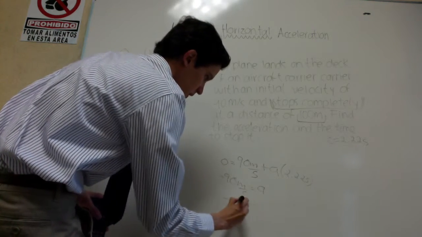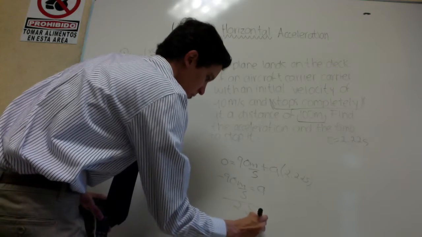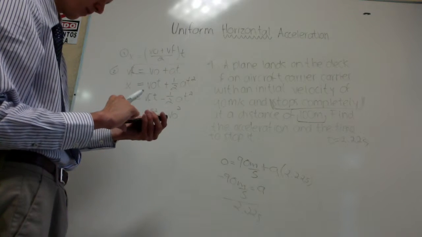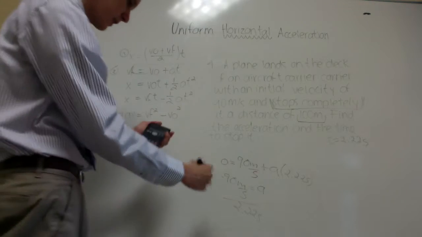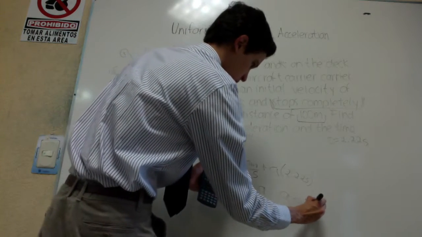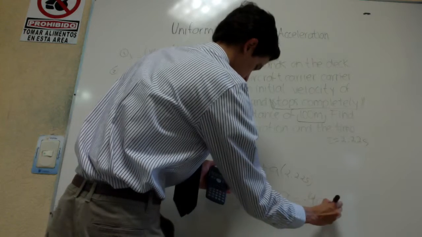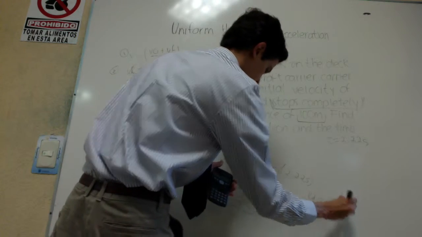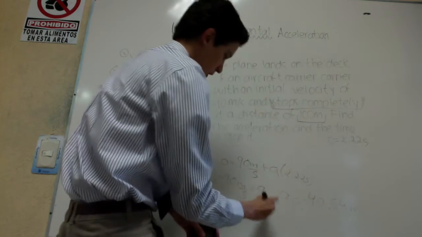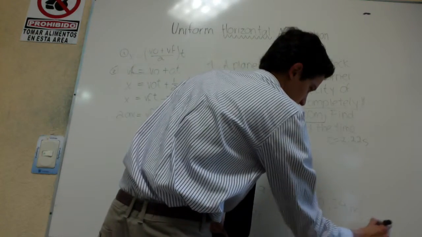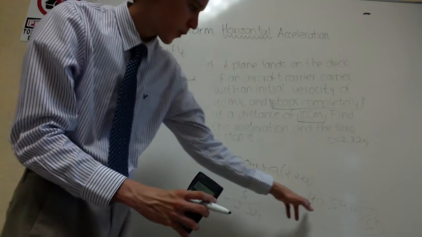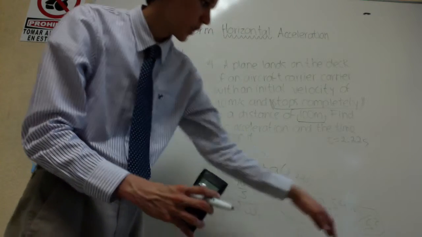And the time goes dividing, alright? So it will be 90. We divide this, and it's going to give me a negative acceleration of 40.54. We have the law of the tortilla: meters, seconds times seconds, seconds squared. So the acceleration is minus 40.54 meters per second squared.